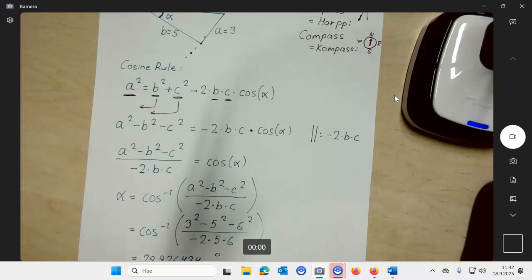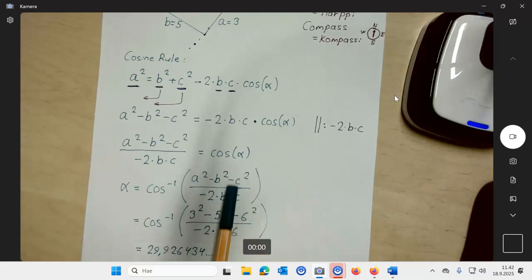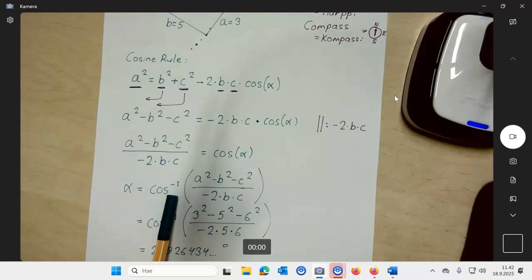I always get it wrong, because from here I make this the subject of the formula straight away. So instead of this, I always have this here. Because this should be this over this, from here. If you see my point, to remember to use this minus sign here, the inverse cosine.